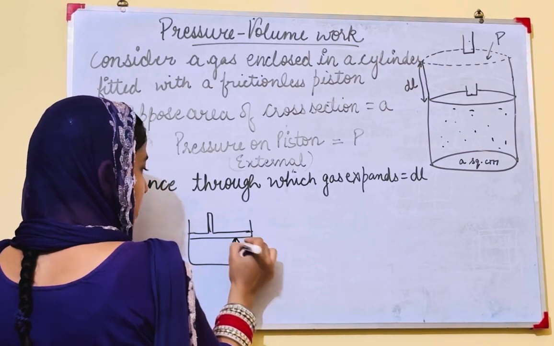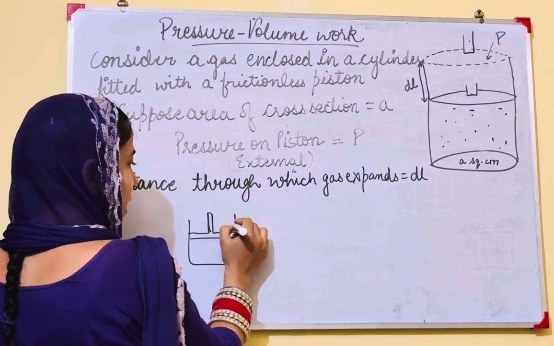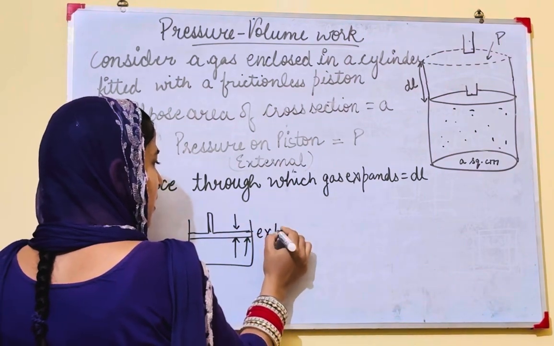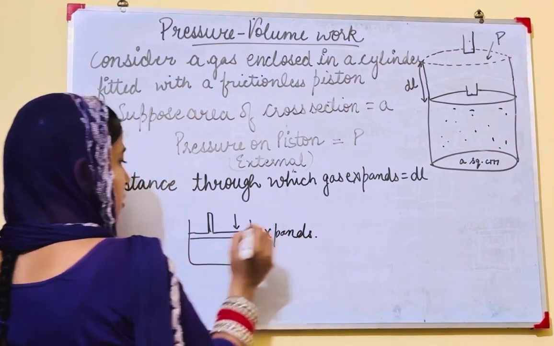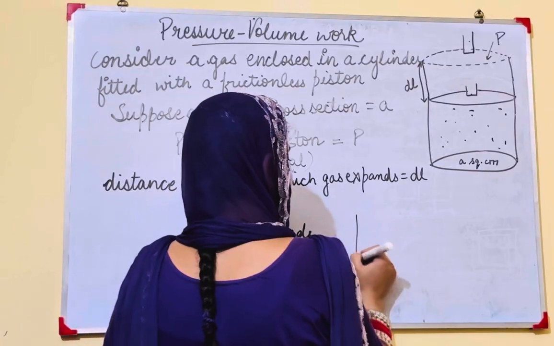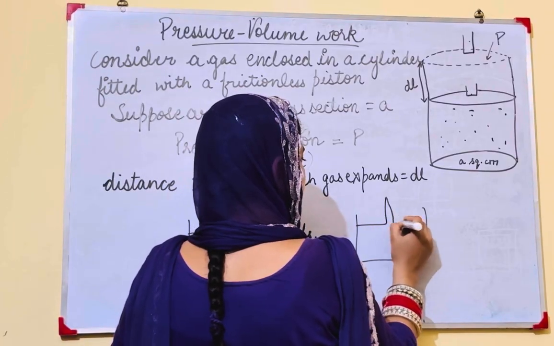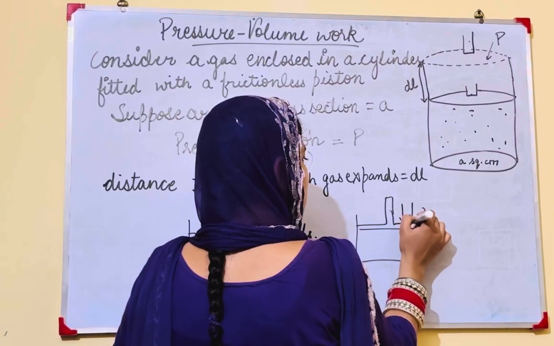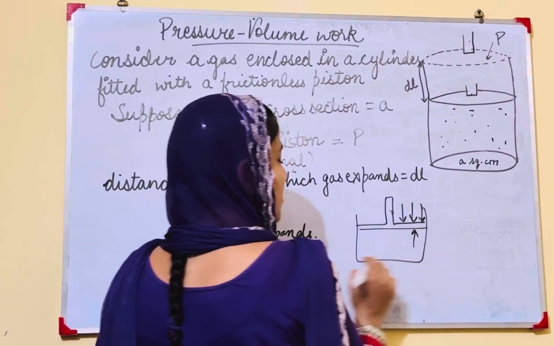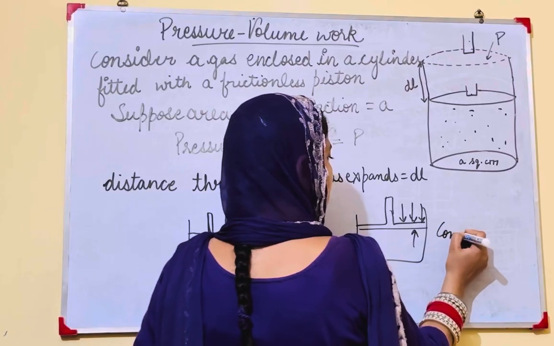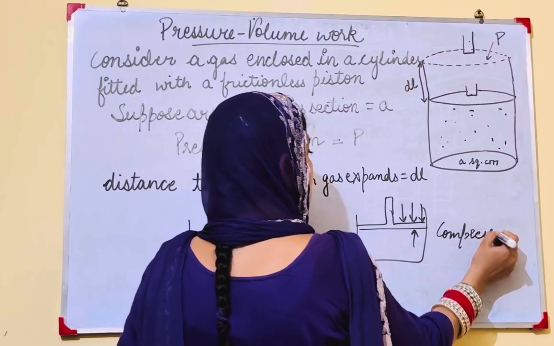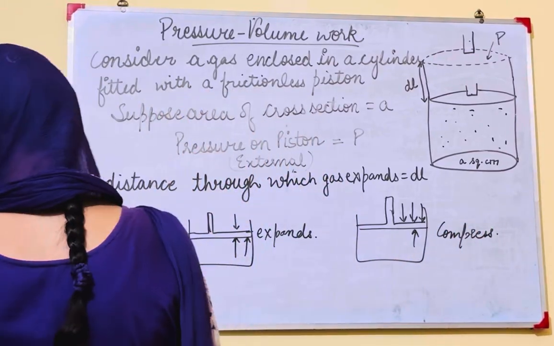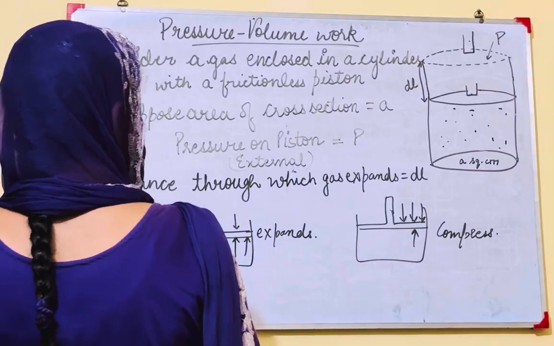Here, if the inside pressure is more than outside, then the gas will expand. But in the reverse case, what will happen? If the external pressure is more and the internal pressure is less, then it will compress. So here we are dealing with the expansion case.